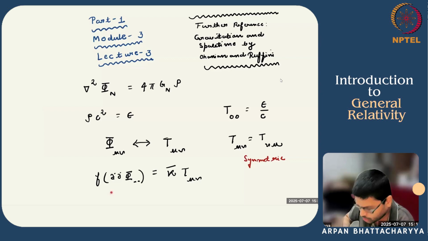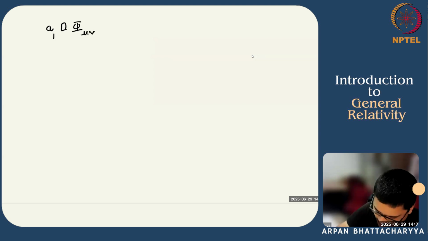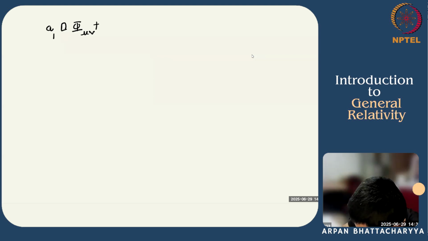So let's now try to list down all possible terms for the right hand side of this equation. F will be a linear combination of these functions. A1 is some arbitrary coefficient. This is again the d'Alembertian version. Then we can have A2 times del mu del nu of capital phi.